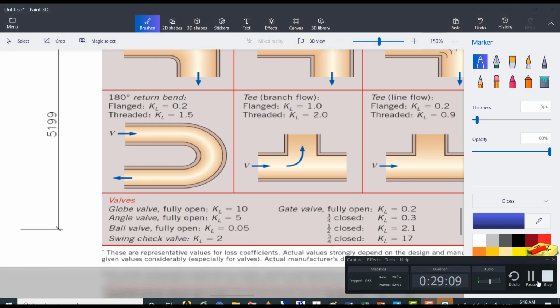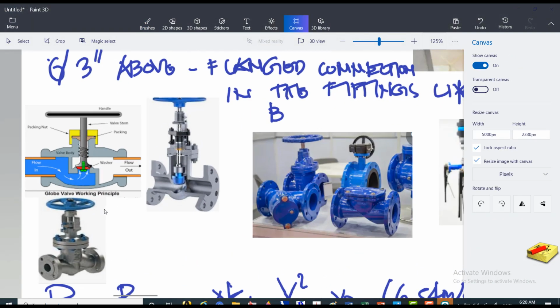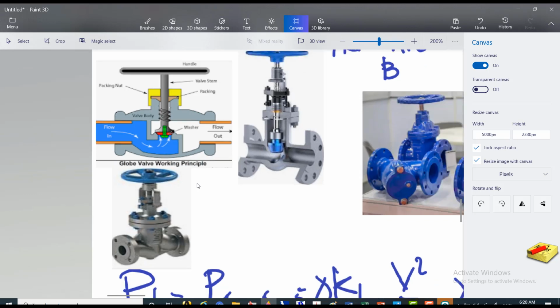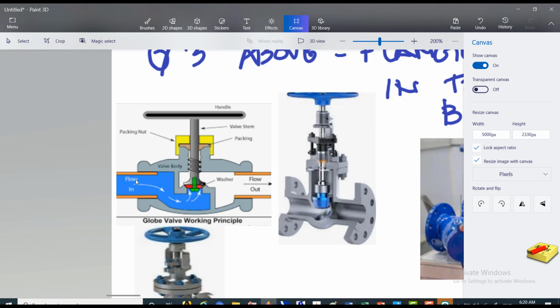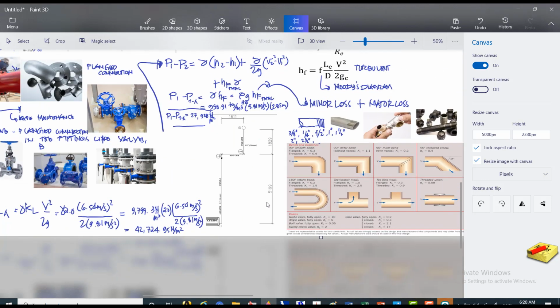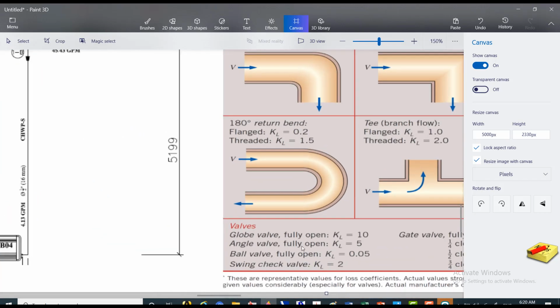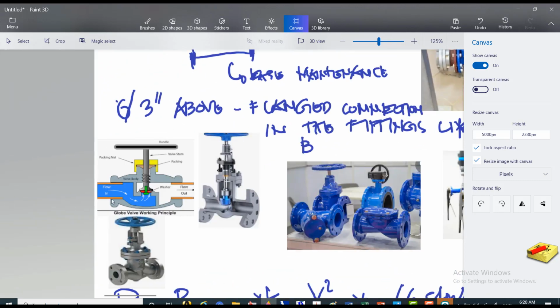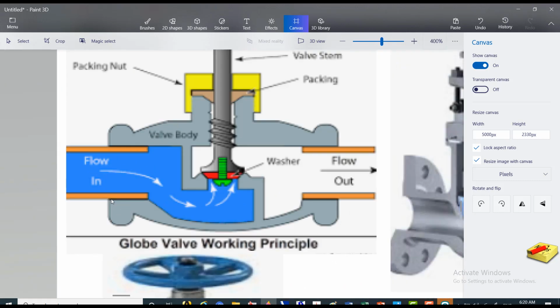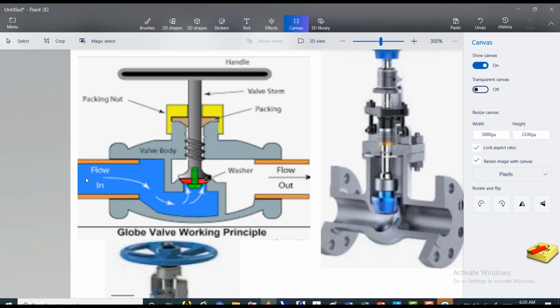Ito will show you yung itsura ng globe valve. Okay, so ito yung globe valve, no? So you will see the difference, but yung loss niya napakataas. So globe valve fully open, that is 10 yung multiplier niya, yung KL niya. So makikita mo rin sa kanyang sectional view, yung flow niya, paakyat siya ng ganun.